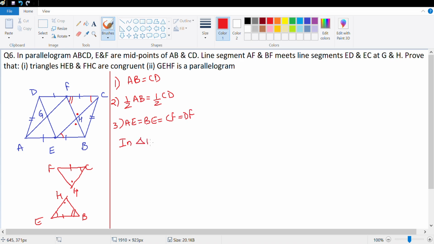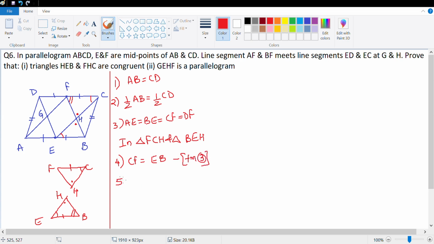In triangle FCH and triangle BEH, number 4, I have CF is equal to EB. Perfect. Why? This is from 3.